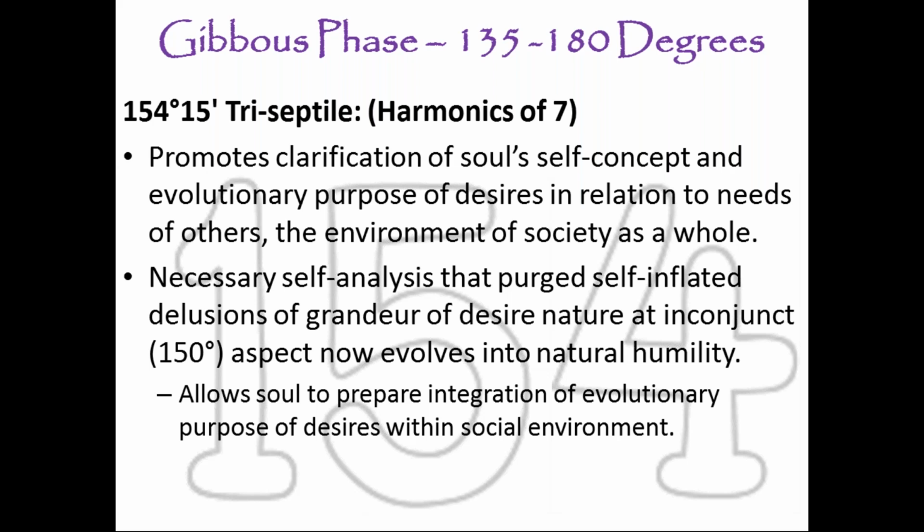And as you see on your screen, each of these aspects come with a harmonic, which is dividing the circle or 360 by a certain number. And that's where these come up with. Whereas the quintiles are creativity, the septiles are that special destiny or a sense of fatedness.